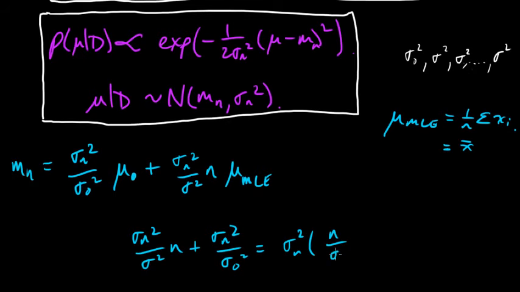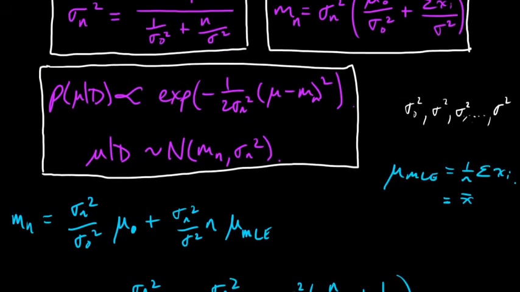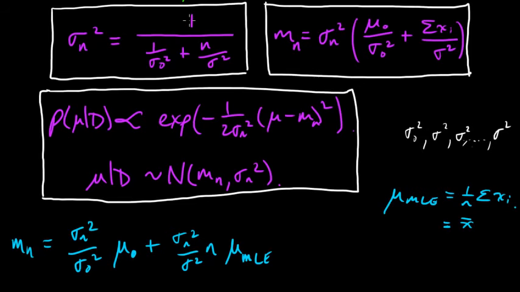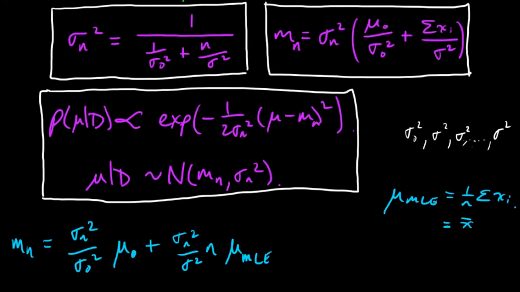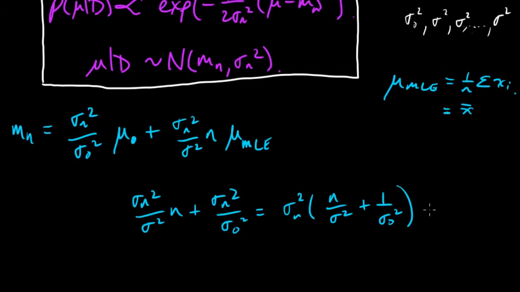We get n over sigma squared plus 1 over sigma naught squared, and sigma n squared is 1 over that thing. You can't quite see them both at the same time, but sigma n squared is 1 over this. So these cancel and we get 1. So in fact, this is a convex combination here.